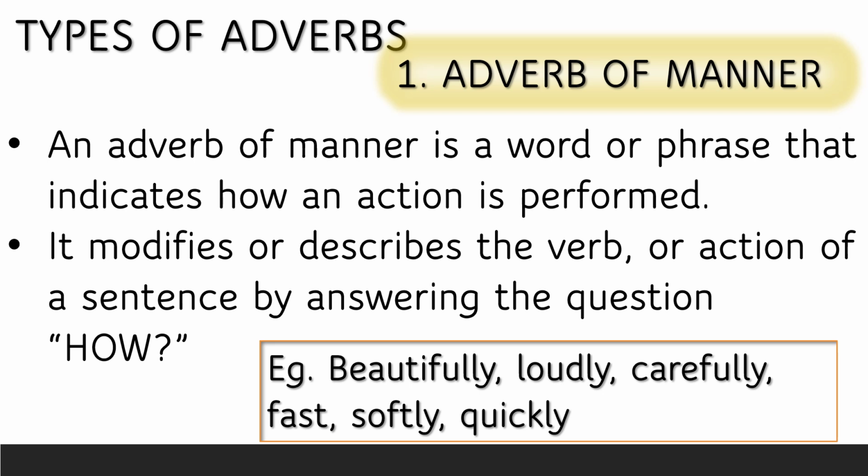An adverb of manner is a word or phrase that indicates how an action is performed in a sentence. It modifies or describes the verb or action of a sentence by answering the question how.